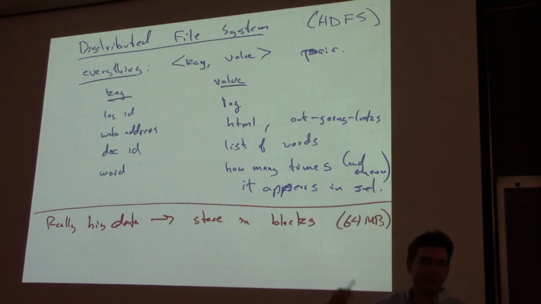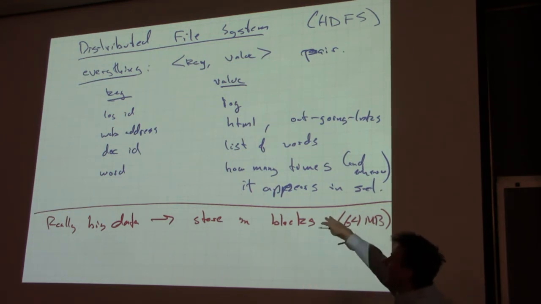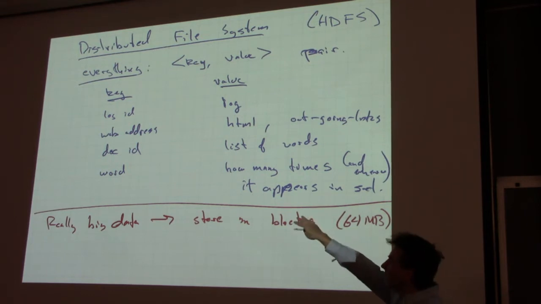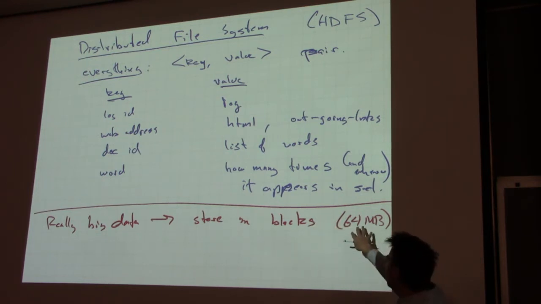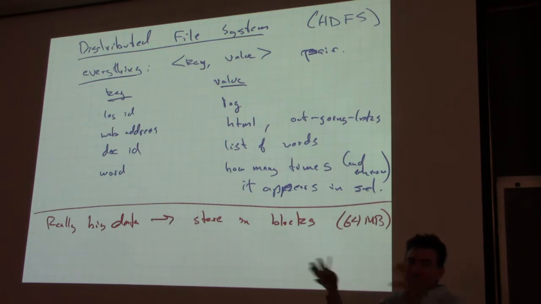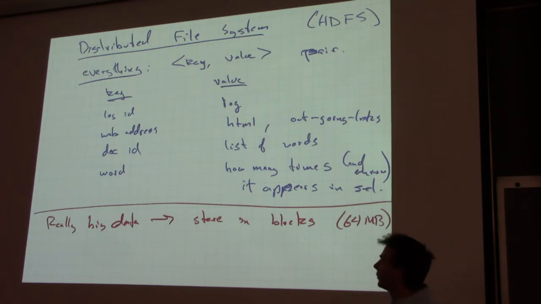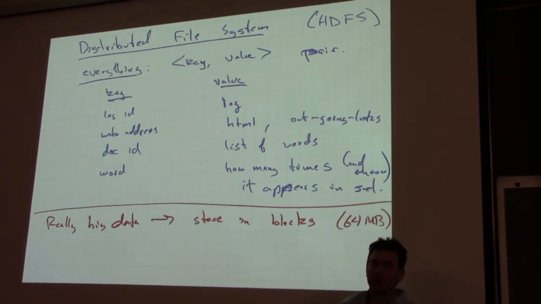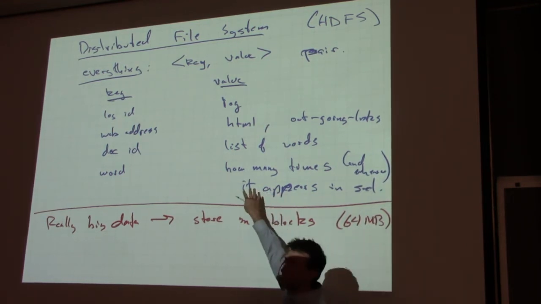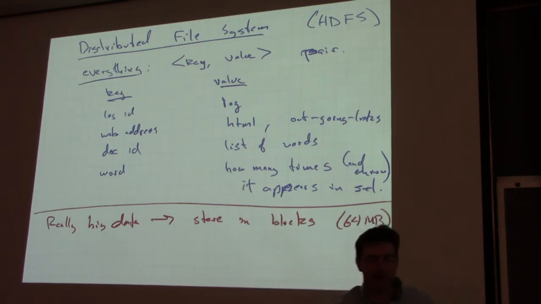There can be terabytes of this data, and it's broken down into these block-sized chunks. Hopefully each object will fit within a block, and often you can fit a bunch of these inside a single block, but we'll have a uniform size of roughly 64 megabytes, thinking of storing in terms of these blocks, not at the level of the key value store. So this allows the system to always have roughly this size for the blocks it moves around, independent of how big any particular key value pair is.